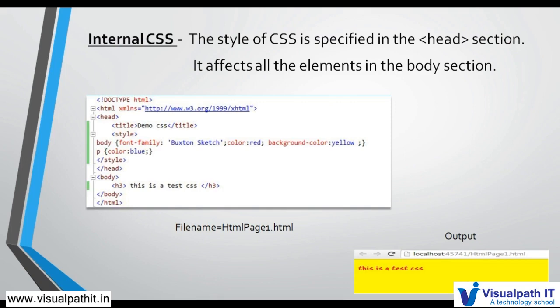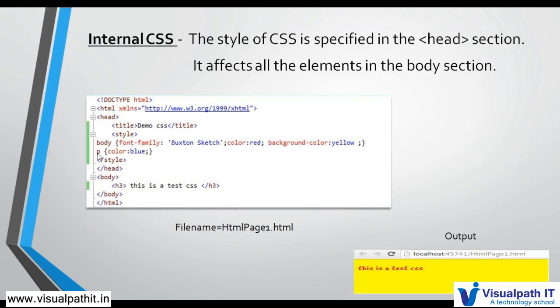Now, in this program, the CSS has been written inside the head tag with the help of the style tag: the body, the font family, then the color and the background color.